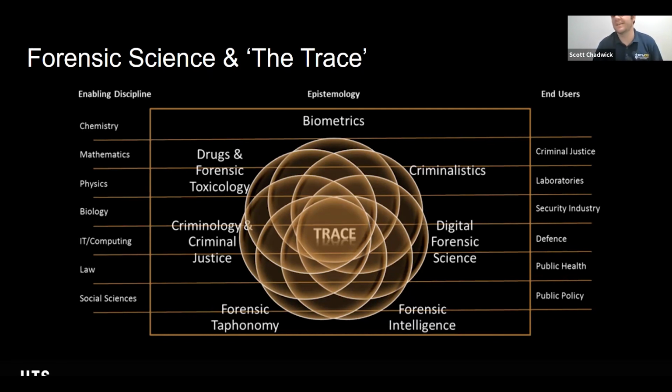So we can see here that, again, when we think about forensics, it might be a very traditional investigation side of things, but it is quite multidisciplinary, and there is a whole range of areas that forensic scientists can move into.